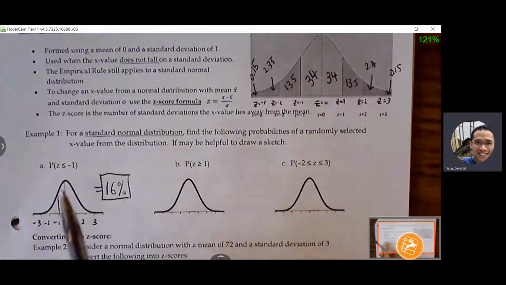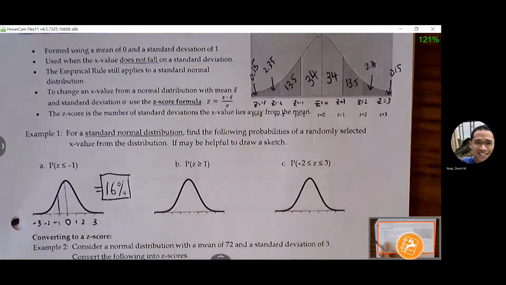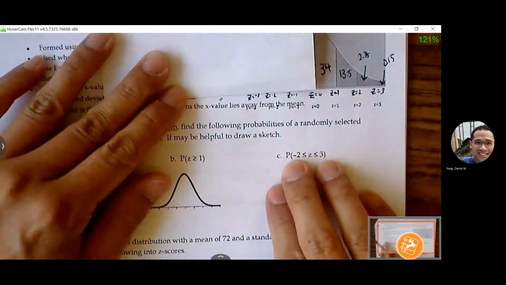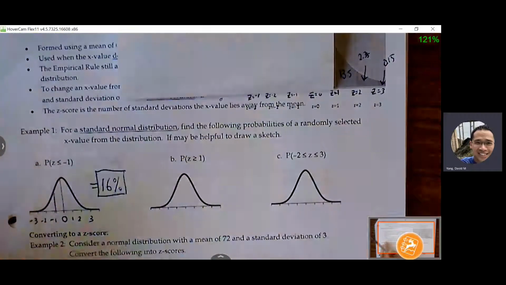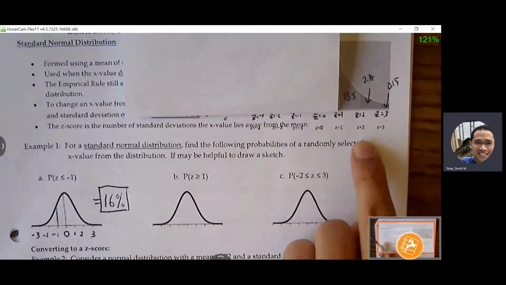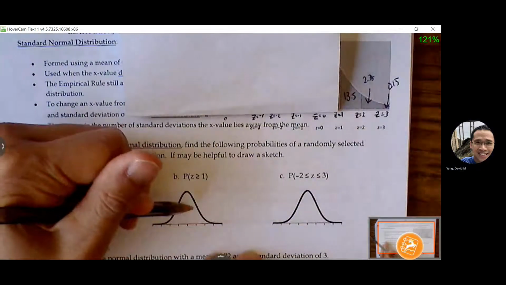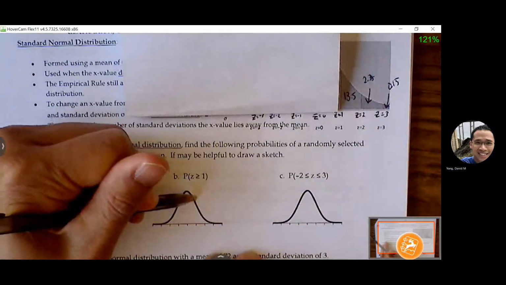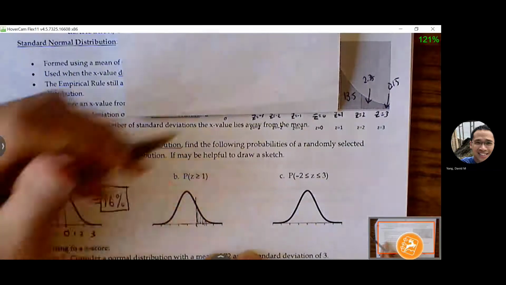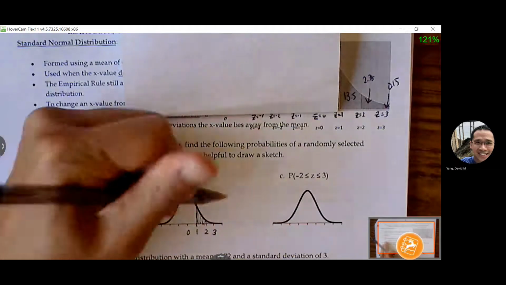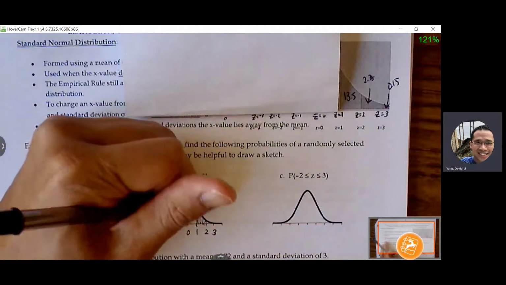Then everything to the right of 1. So 13.5 plus 2.35 plus 0.15. Same idea, right? Same thing, 16%.